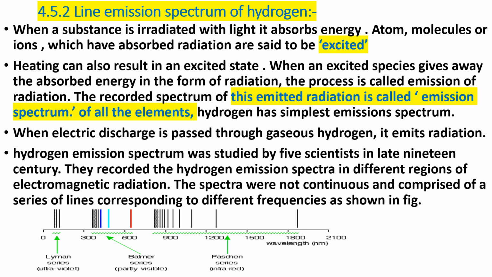Hydrogen emission spectrum was studied by scientists in the late 19th century. They recorded the hydrogen emission spectra in different regions of electromagnetic radiation.